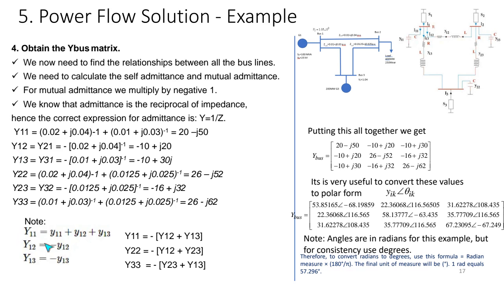The same procedure applies to Y12, which has a negative sign: minus y12. The line between buses 1 and 2 is 0.02 plus 0.04j, so taking the inverse, with the negative sign, it becomes minus 10 plus 20j. By repeating these steps using these formulas, we should finally be able to calculate all the elements of the Y-bus matrix.